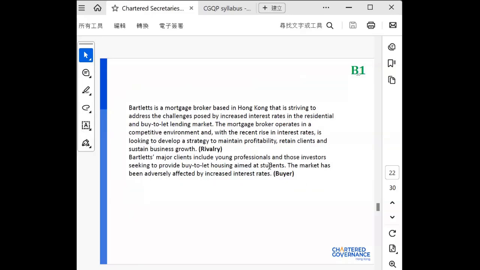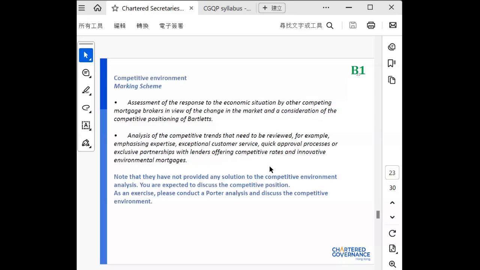I mean, you read the case carefully, then you can see them. So you can see that the marking scheme mentions the competitive trends, but they didn't do the PESTEL analysis. Again, if you want to discuss it along the Porter forces, that would be equally good.